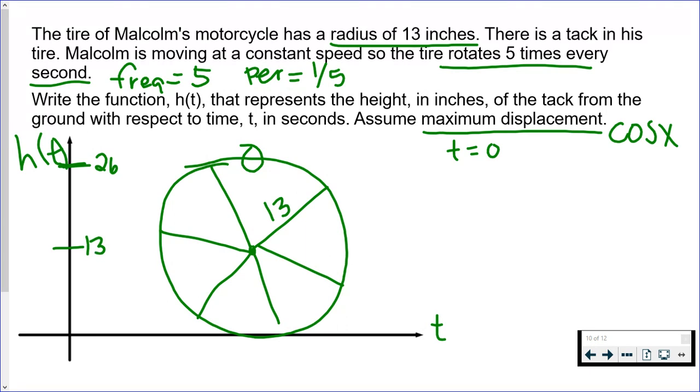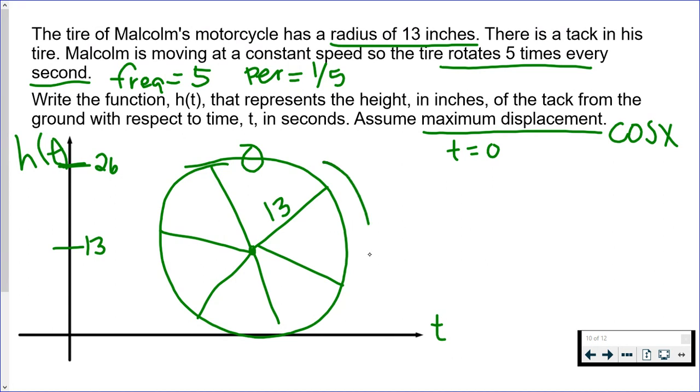So again, we're pretending that this x-axis that I've drawn is the ground. If the tire has a radius of 13 inches, the tack at the very top of the tire would be 26 inches above the ground. It's twice the radius.